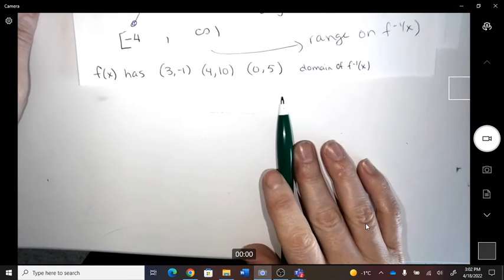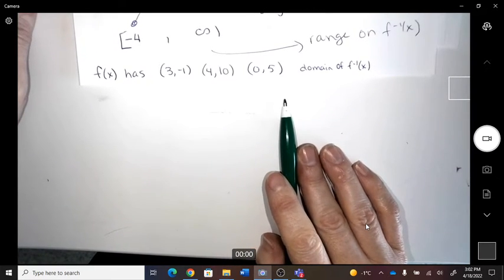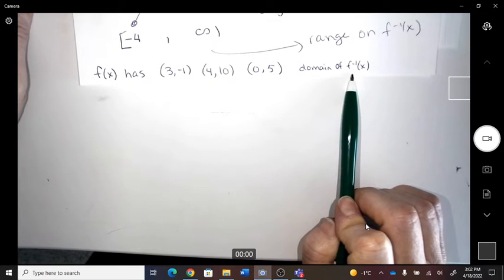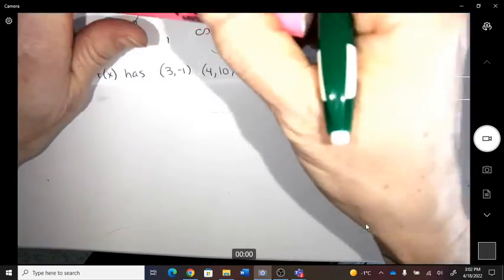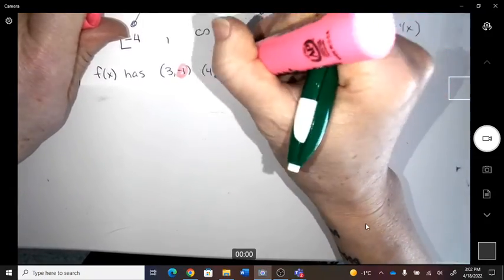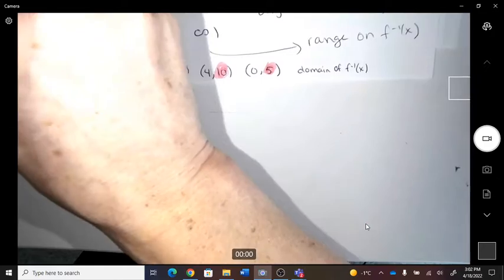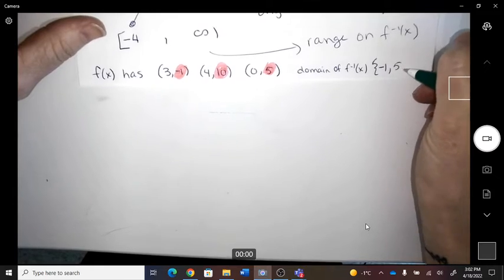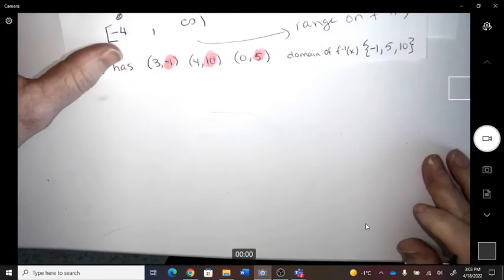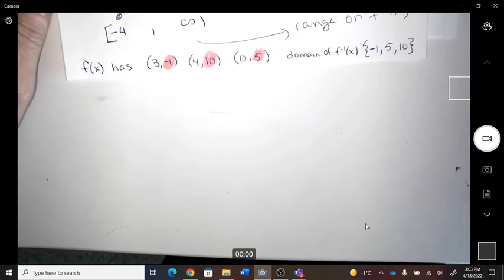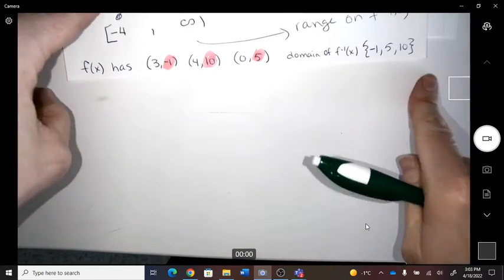So these are points. The domain of the inverse is the what of the original? The y of the original. So this. But this is not from this to that. It's just specifically -1, 5, and 10. So I write it with squiggly brackets to mean just this, this, and this. It's just a list of the y values, which are now the x values, right? So that's the list of the new x values.